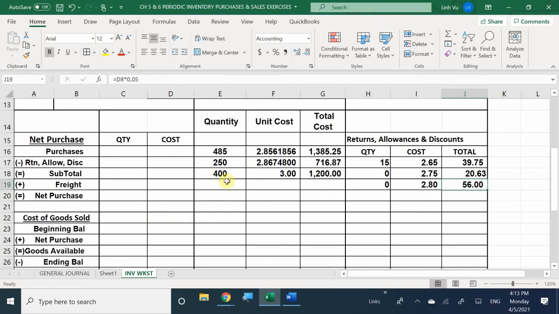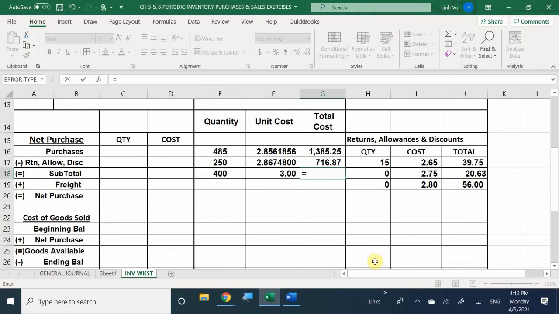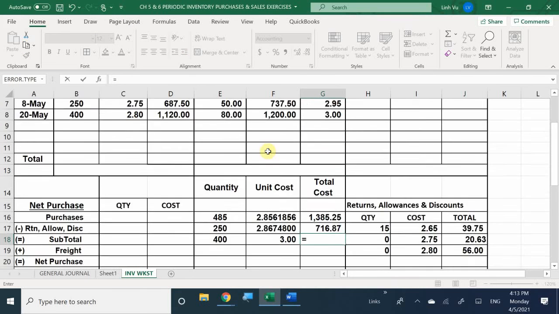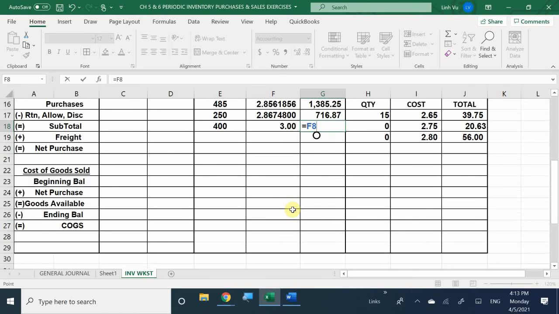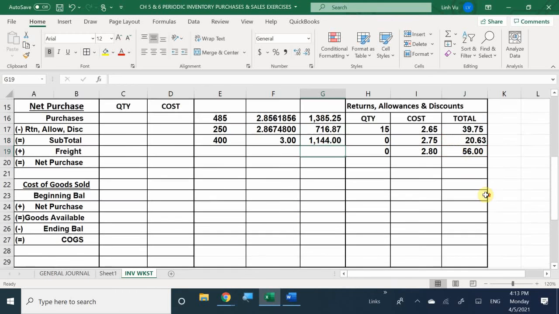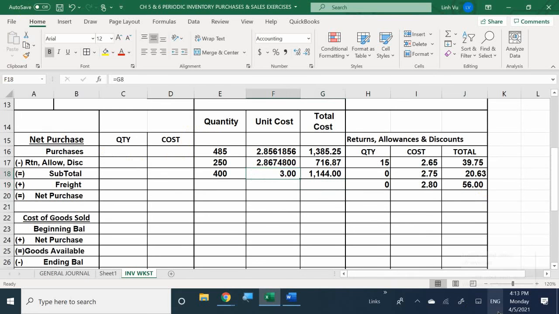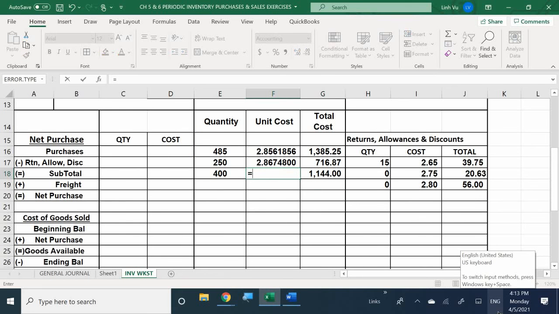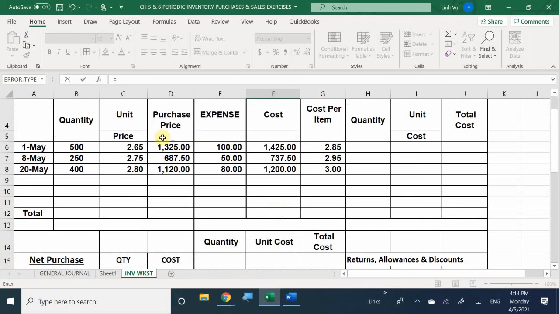So in this case, we did actually adjust our inventory right here, right? We received a 5% discount. So therefore, we're gonna go from 1,200 minus that 56 because we got a discount off of this. So therefore, we need to recalculate this number right here, right? Because now we have a new total cost of $1,144. Okay, so that's taking my total cost of the 1,200, or in this case, I discounted 1,120, right?